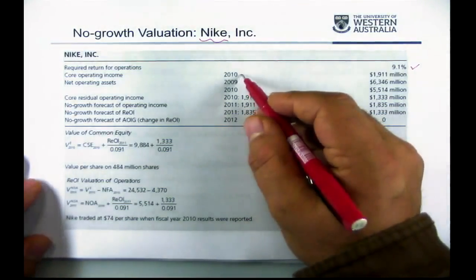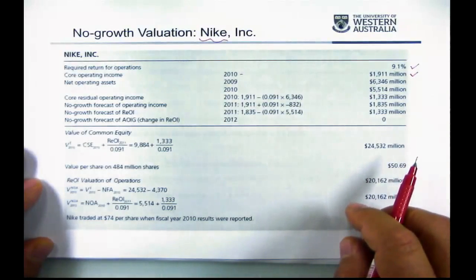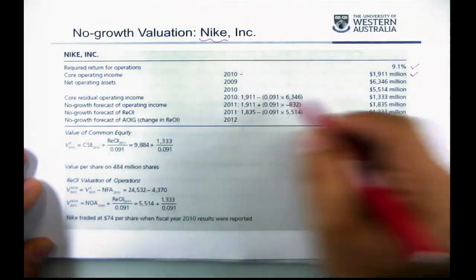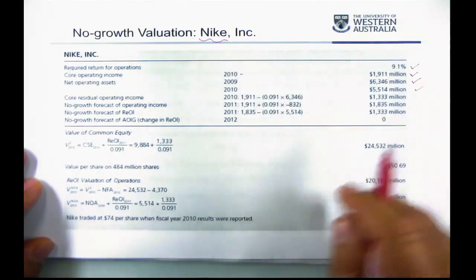Core operating income in 2010 was 1911. Net operating assets in 2009 was so-and-so, and in 2010 it was so-and-so.